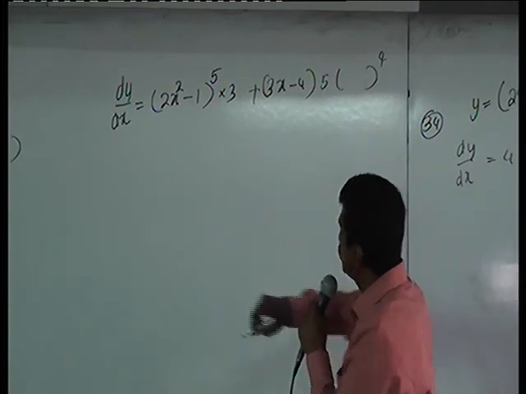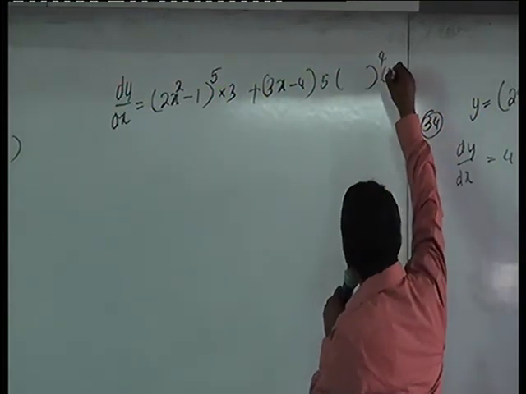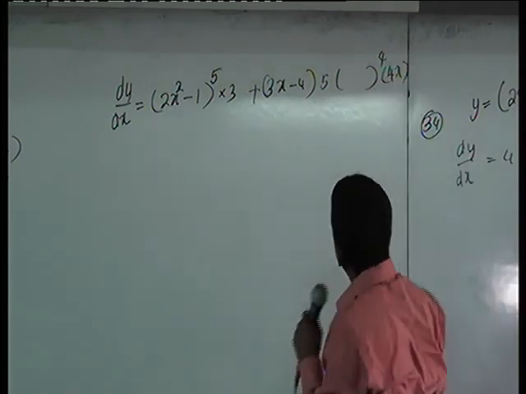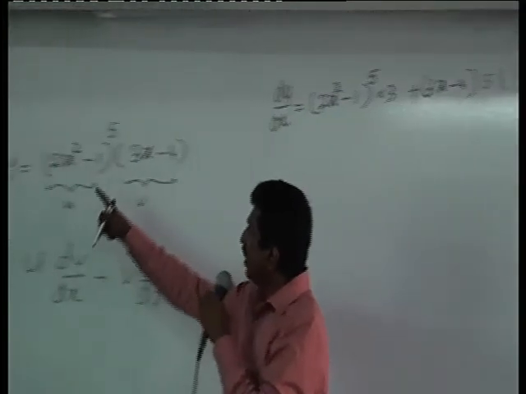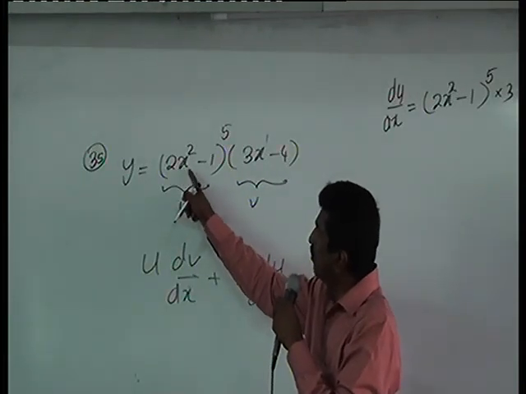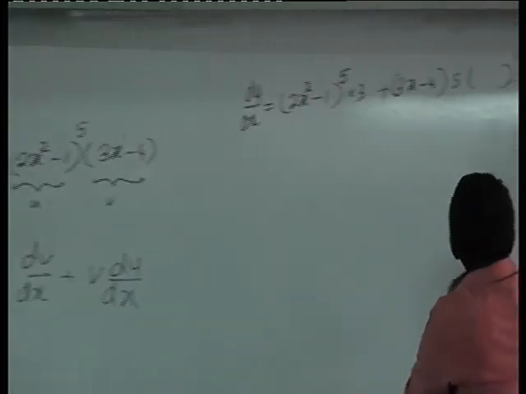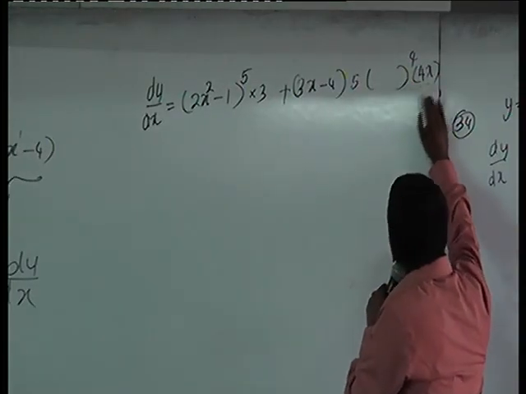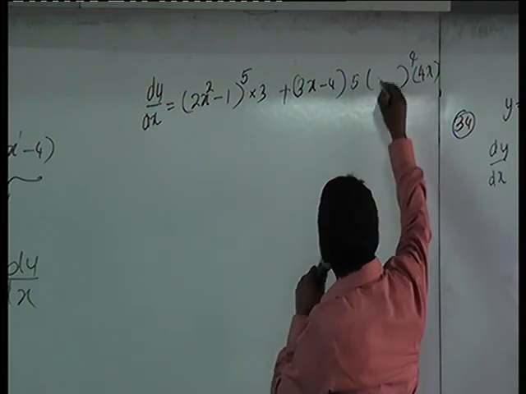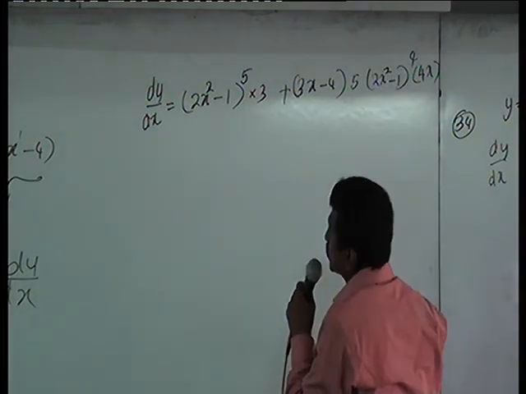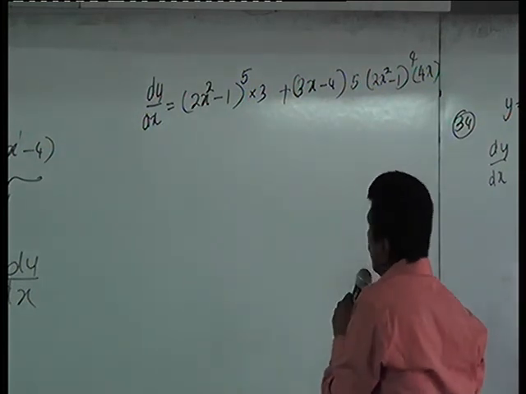And since that is not x, we differentiate the inside function and put it here. When you differentiate 2x squared, it becomes 4x. So I write here 4x times 2x squared minus 1.